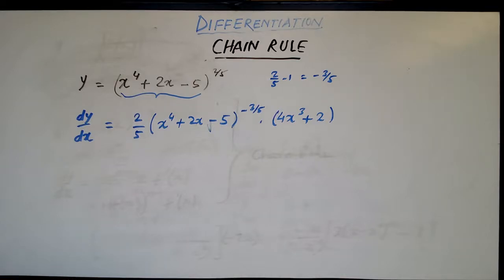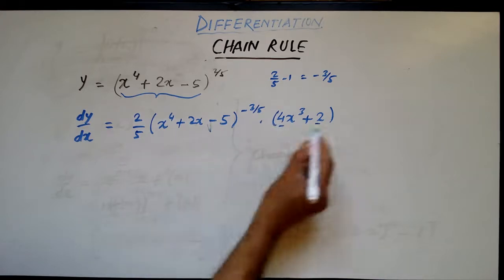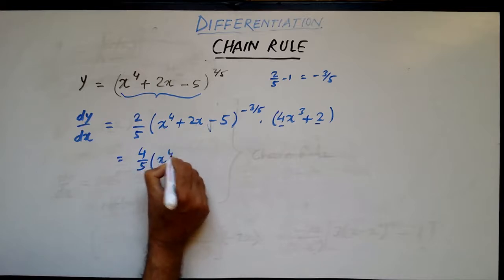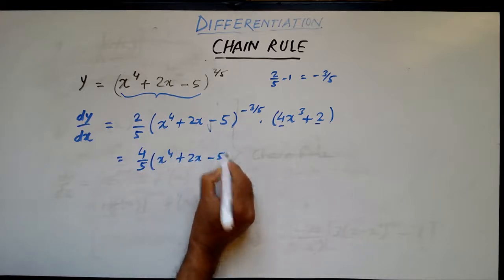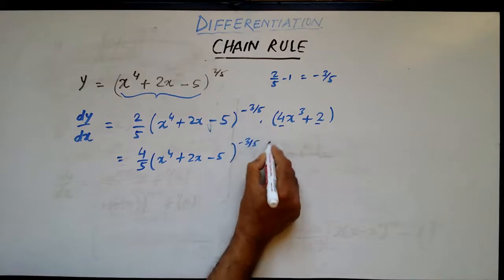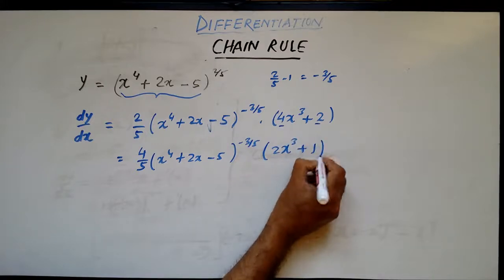Okay, so this is how you solve such a problem. Now here you can simplify this further. 2 is common here, so we can take 2 outside. So it will be 4 by 5 into x to the power 4 plus 2x minus 5 to the power minus 3 by 5, into, since 2 has been taken out, 2x cubed plus 1.